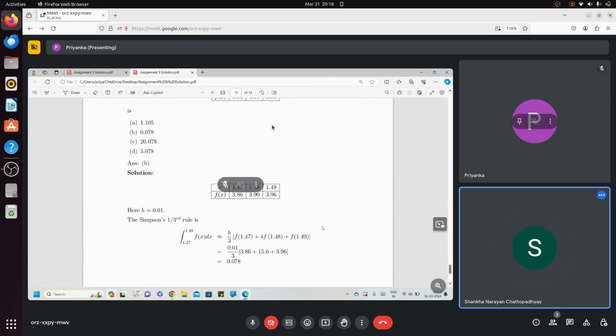Sorry, b minus a by 6. b minus a is 1.49 minus 1.47 is 0.02 divided by 6, so that is 0.01 by 3, and then f of 1.47 plus 4 of f of 1.48 plus f of 1.49, you add them up, you will get 0.01 by 3, 3.86 plus 15.6 plus 3.96, you calculate it, you will get the answer to be 0.078.